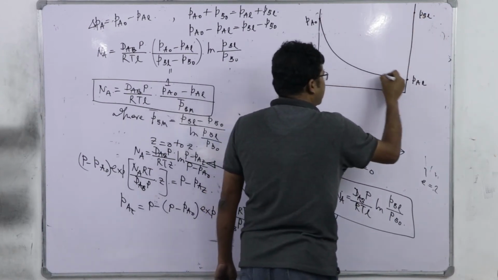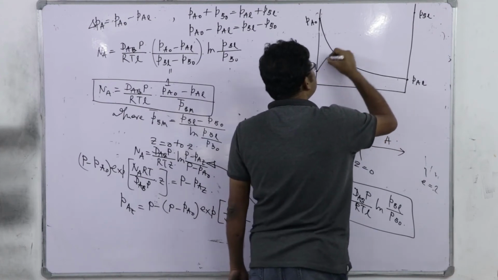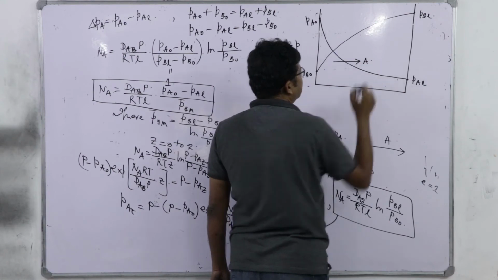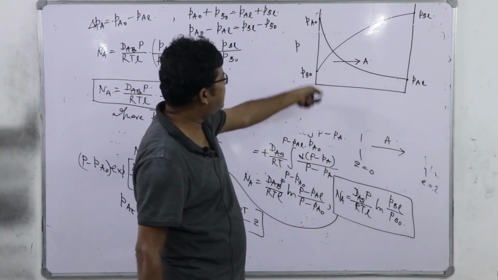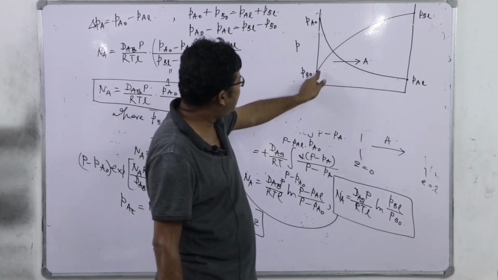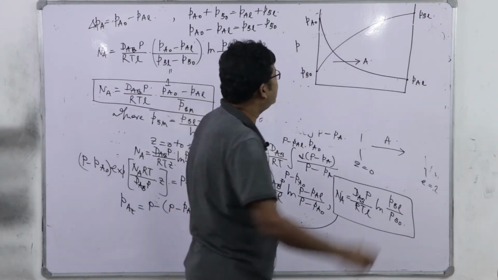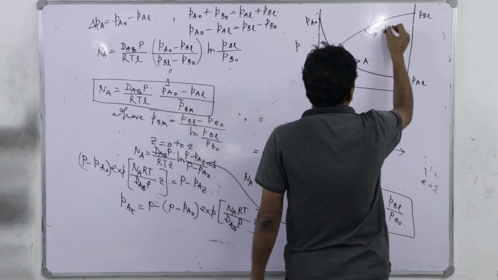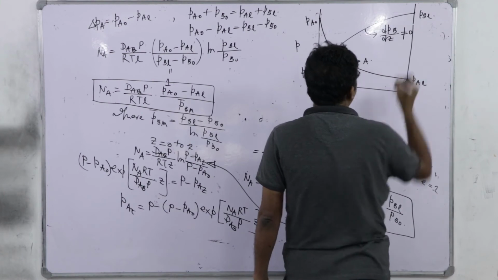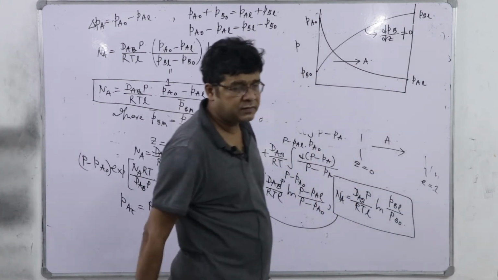So, we will get this sort of profile. A will diffuse in this direction, but immediately the question arises: if we have a gradient of P, here we can say that dPB by dz is not equal to 0. So, how come NB is equal to 0?